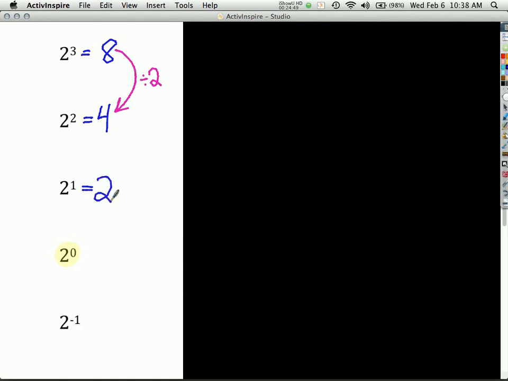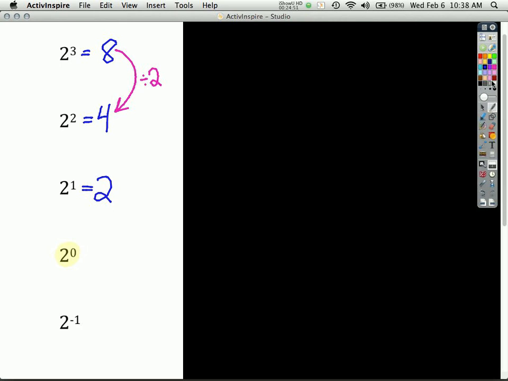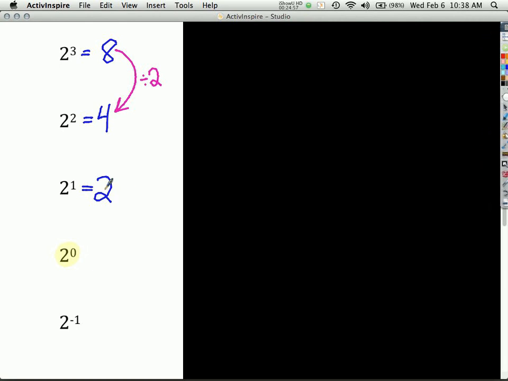How do we get from this 4 to this 2? Austin? Divide by 2. So we've established a pattern. We are dividing by 2 to get to the next answer. So we take this answer, divide by 2, we get the next one.